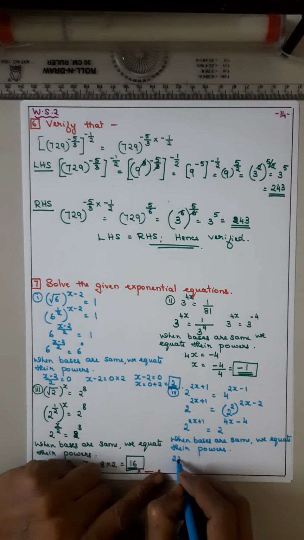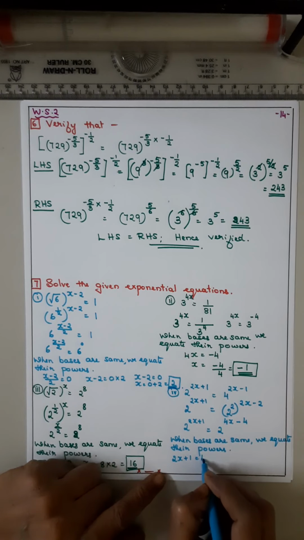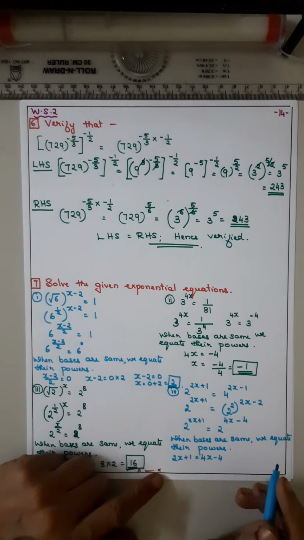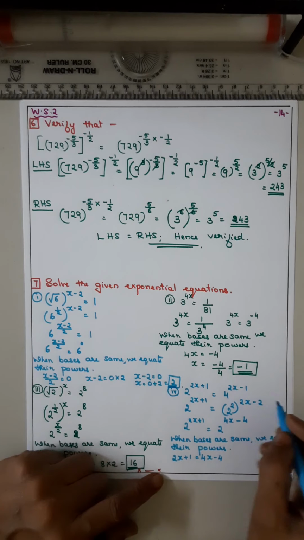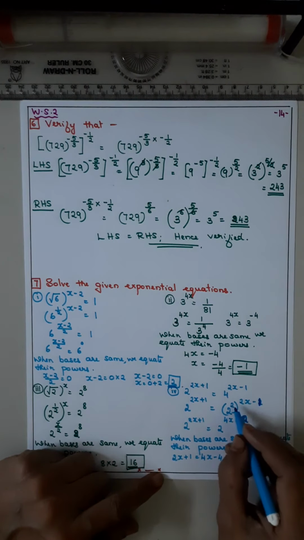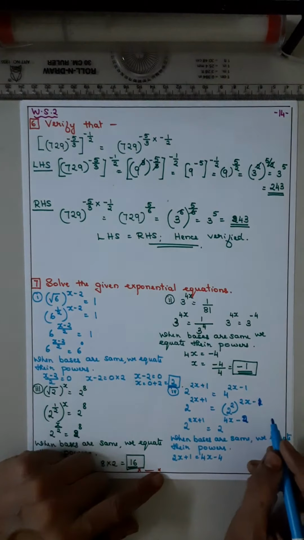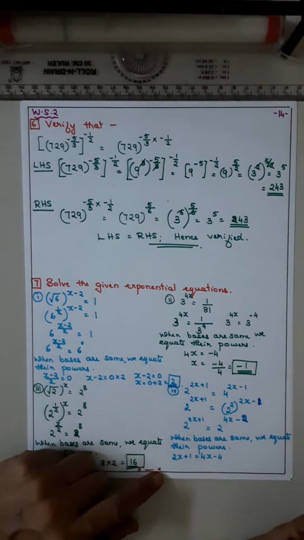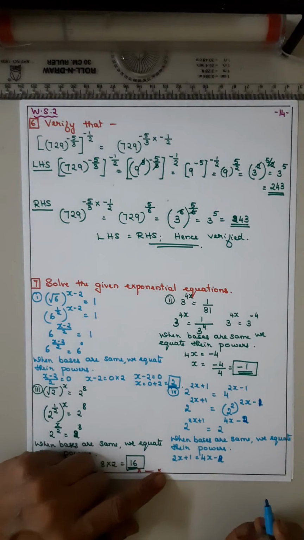That means 2x plus 1 is equal to 4x minus 4. Okay. Oh, sorry. This was 1. So 2 into x minus 1 becomes 2x minus 1. So 2x minus 1, 2 2s are 4, 2 1s are 2. Okay, 4x minus 2.